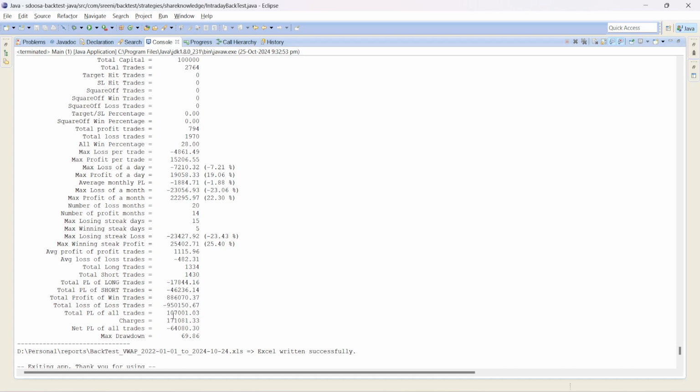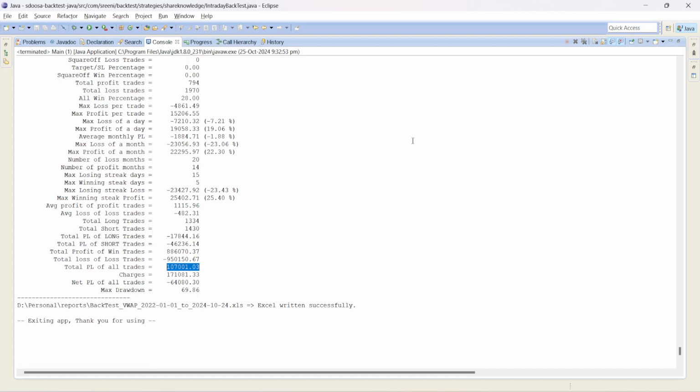But if you look at the actual P&L of the trades, if you didn't need to pay any charges to the broker or exchanges, it made 100% profit in 3 years. But if you consider the charges, it's a 64% loss on your capital. So now you know whether it's good or bad to trade such strategies.